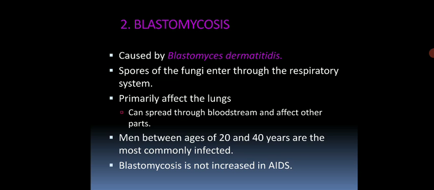Then blastomycosis, caused by Blastomyces dermatitidis. Spores of the fungus enter through the respiratory system and primarily affect the lungs, and can spread through the bloodstream and affect other parts. Males between the ages of 20 and 40 years are the most commonly infected, and blastomycosis is increased in AIDS.